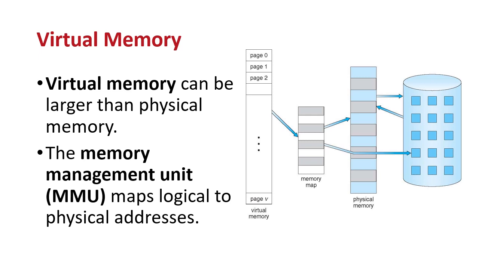It achieves this by mapping logical addresses to physical addresses using the Memory Management Unit, or MMU. In certain scenarios, virtual memory size may exceed the physical memory available. The MMU maps logical addresses to physical memory using techniques like demand paging or segmentation. This flexibility allows for the efficient execution of programs even when physical memory resources are limited.